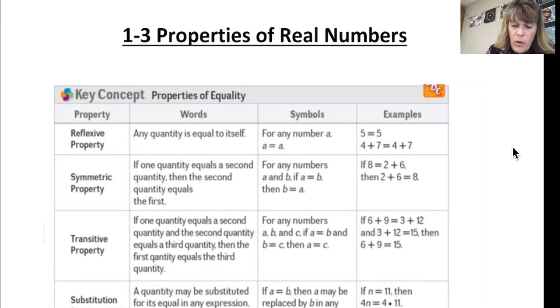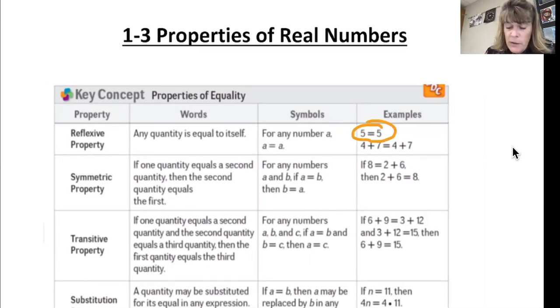So for now, let's talk about the reflexive property. It's so basic. It just means that, if you see here, our example, 5 equals 5. Okay, that's obvious. A lot of these are very obvious.